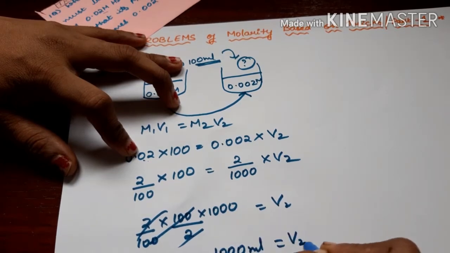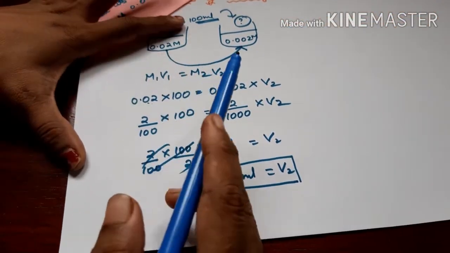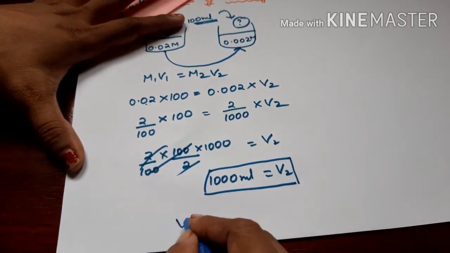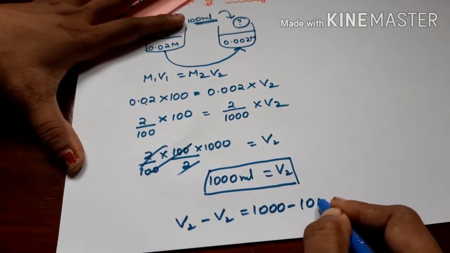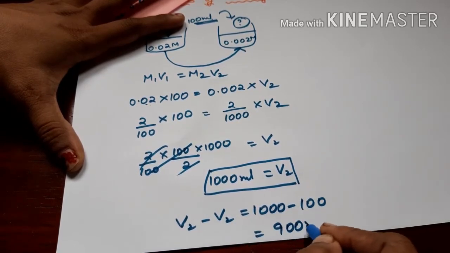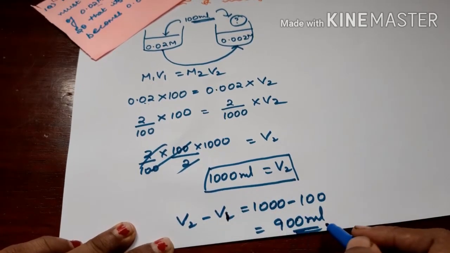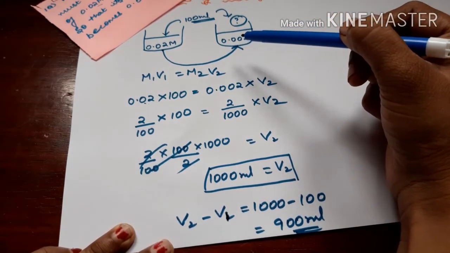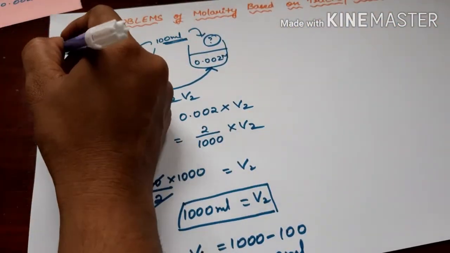If you mark this 1000 ml, the answer is wrong. Initially 100 ml is there, and finally V2 is 1000 ml. So V2 minus V1 is 1000 minus 100, which is 900 ml. That means 900 ml of water is added to dilute the 0.02 molar solution. This is the first question's solution.